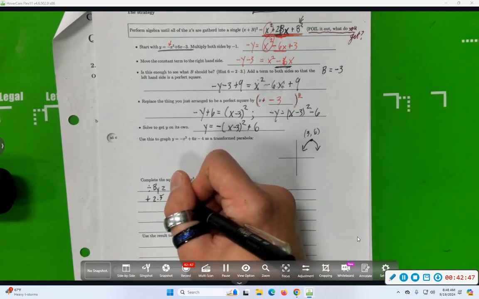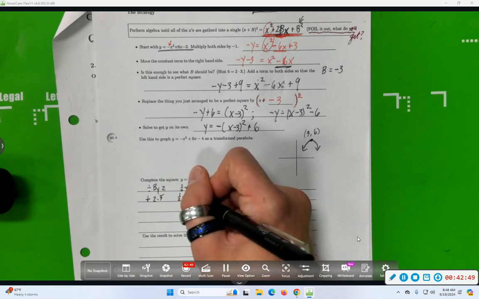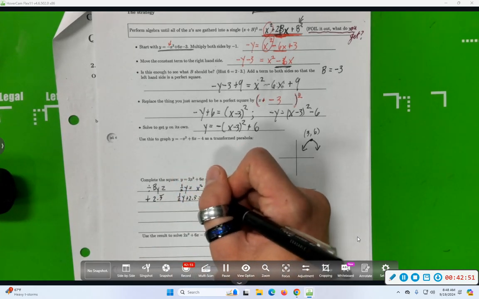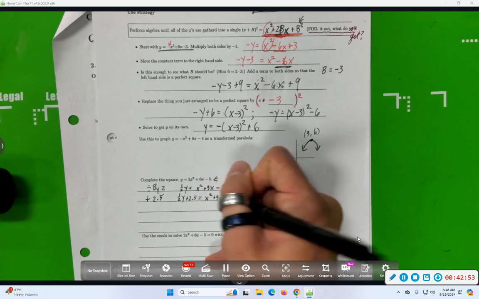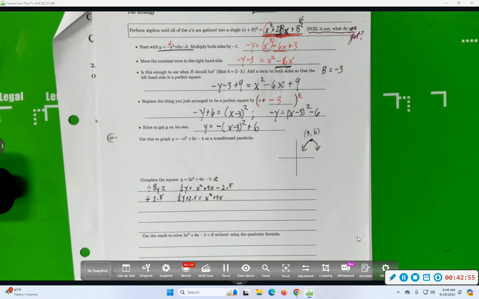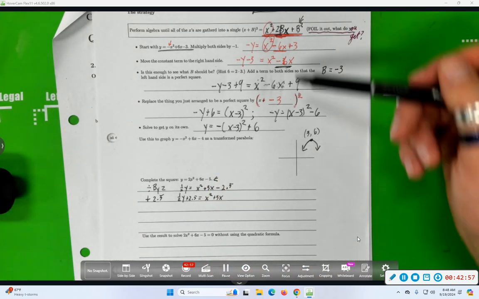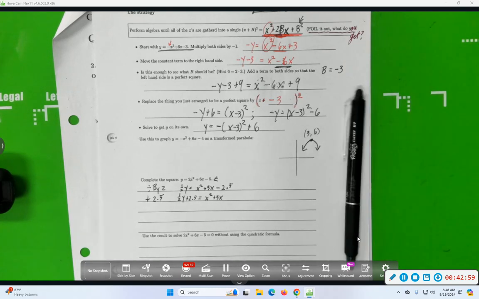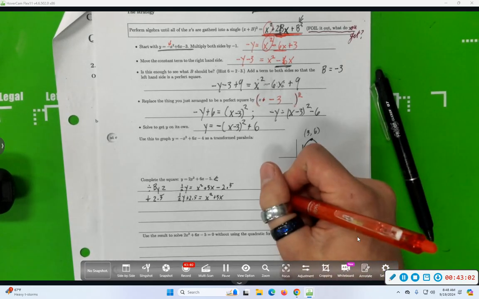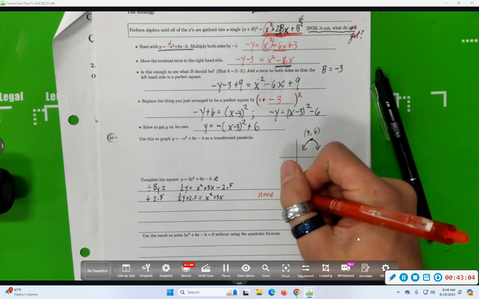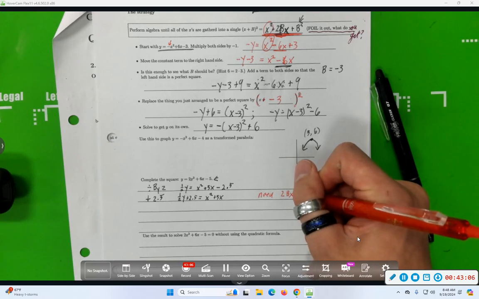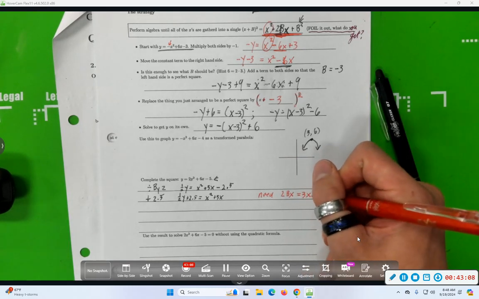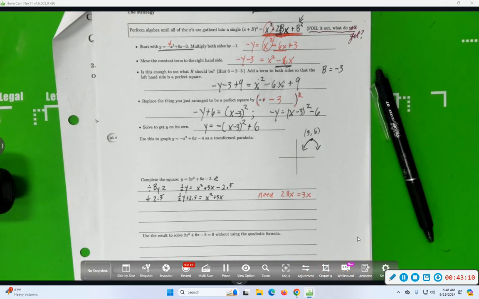So 1/2 y plus 2.5 equals x squared plus 3x. All right, so I need this 2bx to be the same thing as 3x. So what seems like a good choice for b?